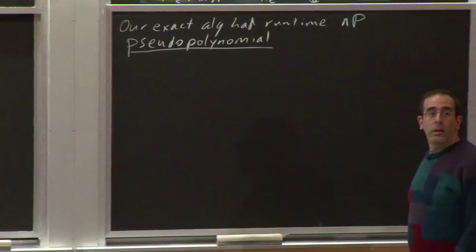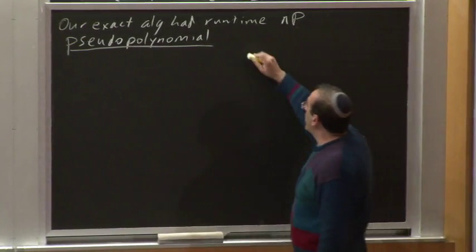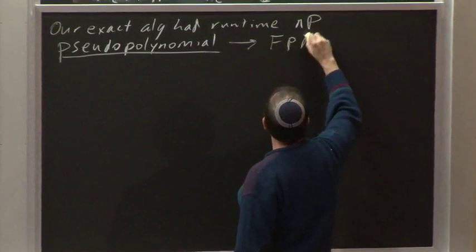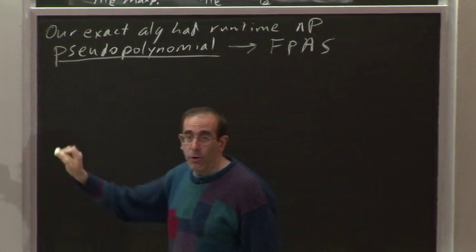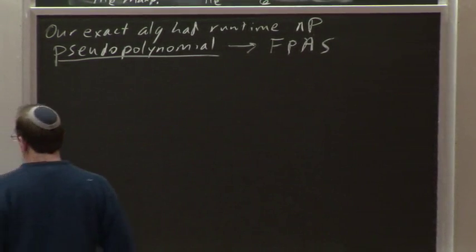So we had a pseudo-polynomial algorithm, and we showed how to transform that into a fully polynomial approximation scheme for Knapsack. Well, now I'm going to show you how to go the other way.